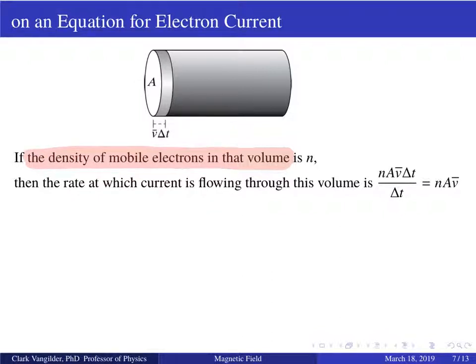So guess what? Every conductor will have a different density number. And I'm not talking about the density of the material itself. We're talking about the density of the mobile electrons. How many are packed into that space? How do they cram all those in, so to speak?